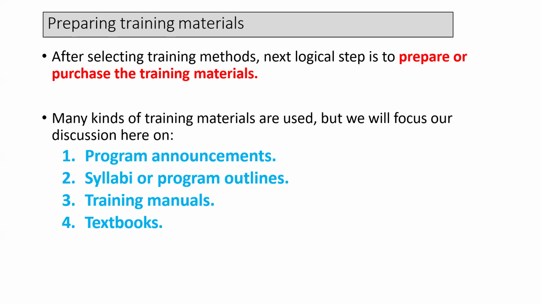Basically, depending on the methodology, auditory methods can be used for the training, then auditory related materials can be prepared. If it is a visual learner, then visual related materials can be used. Likewise, we can design the reading materials or training materials depending on the methodology.